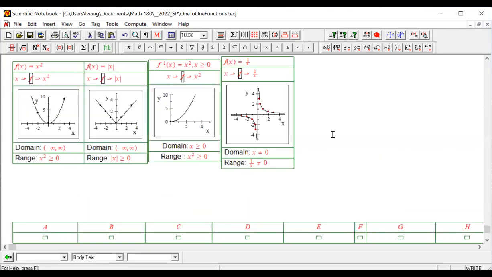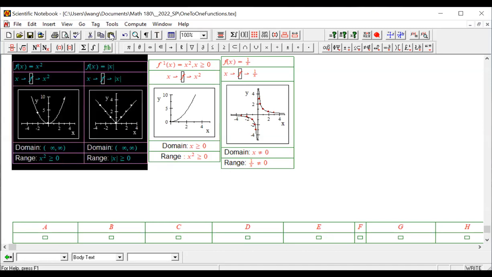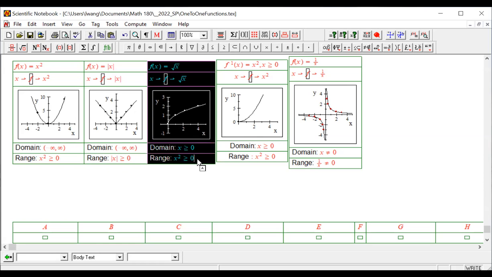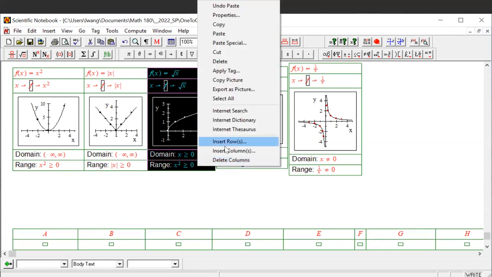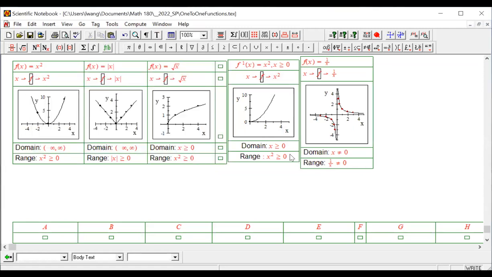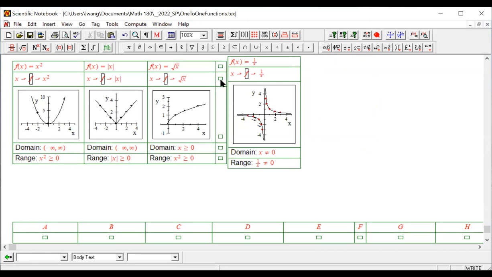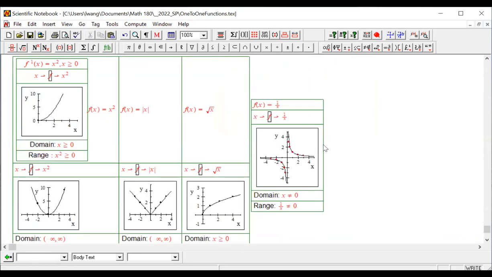Okay, it should be here, right? And this is the inverse to the square root function. So I just want to bring them together. So I'm going to insert a column. I pressed the wrong button. And I'm going to bring these pieces together and put them over here, so this will be better organized.